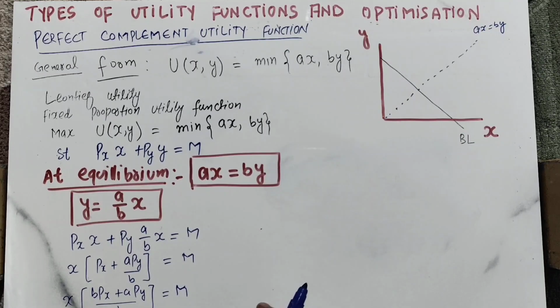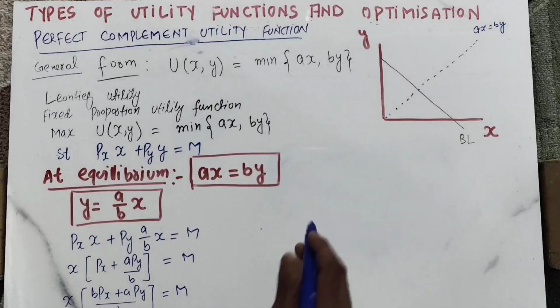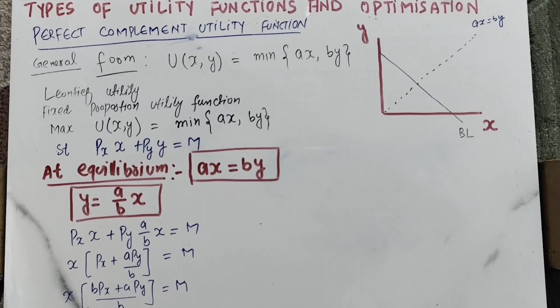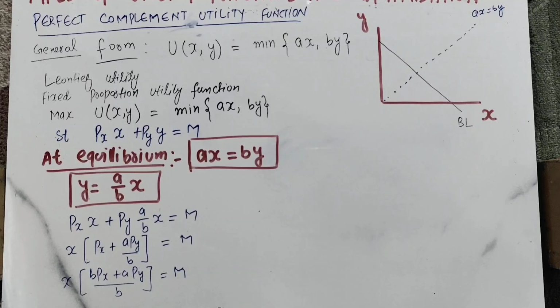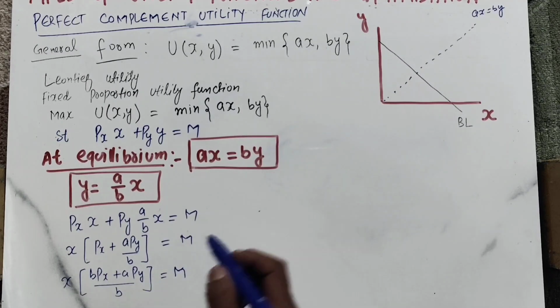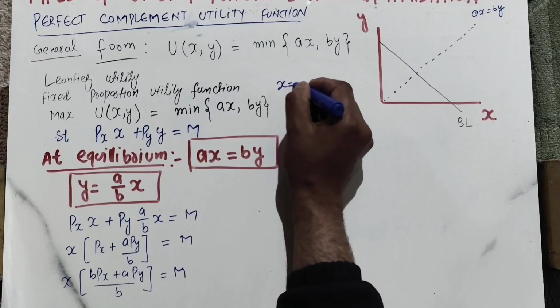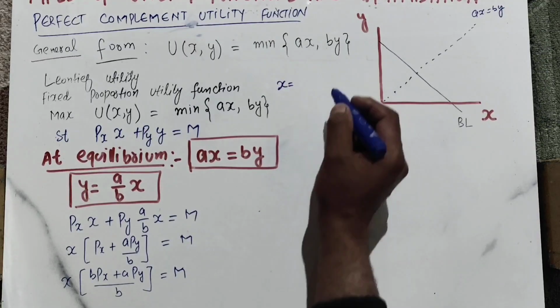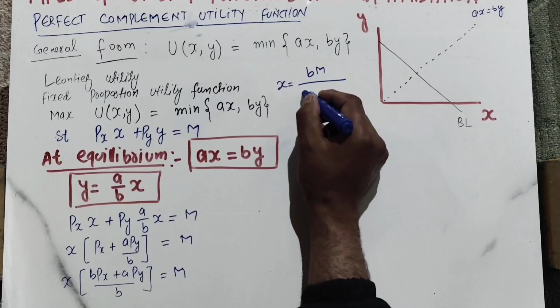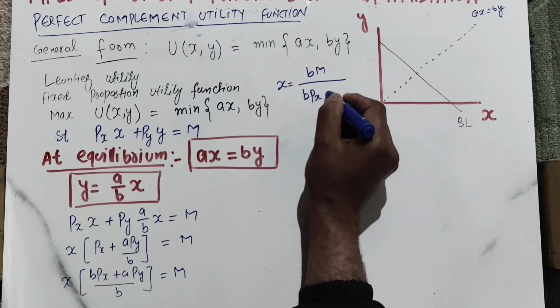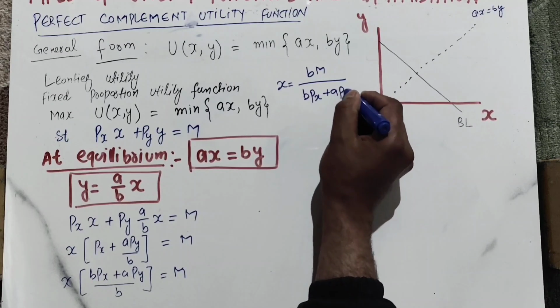Solving further, it becomes x times (b times px plus a times py) upon b is equal to m. Solving further, x is equal to, transposing it here, b times m divided by b px plus a py.